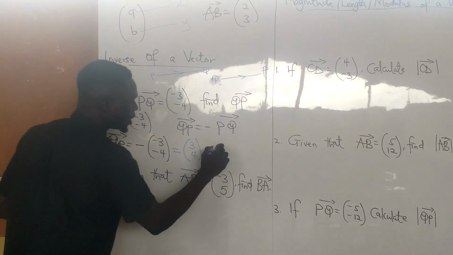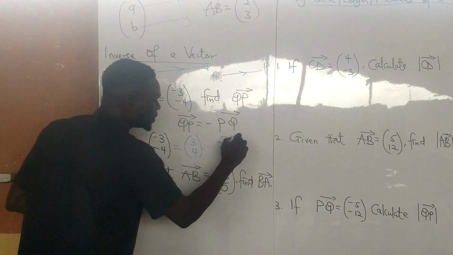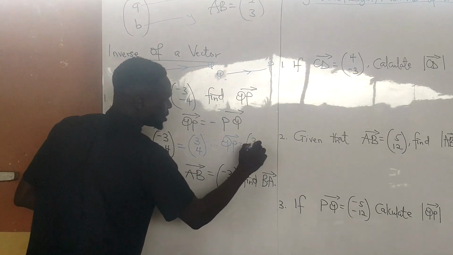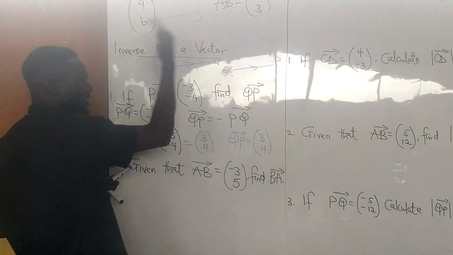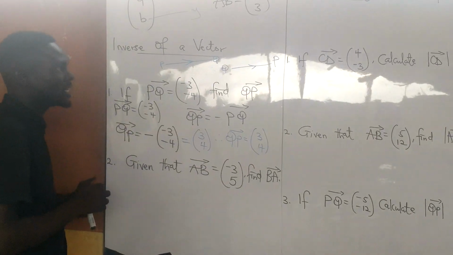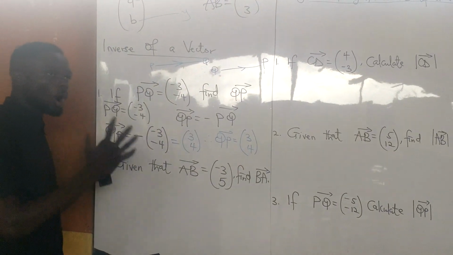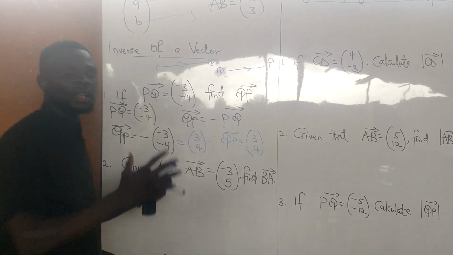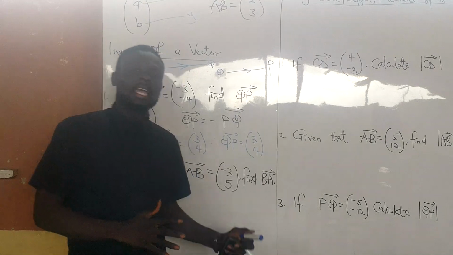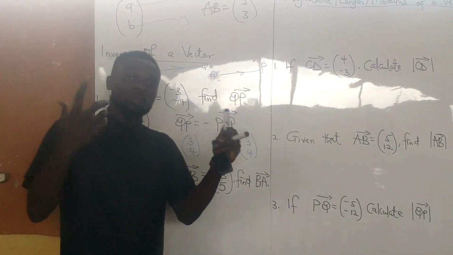So therefore, the vector QP, which I'm to calculate, is (3, 4). And this becomes the inverse of this given vector. Always, when you have to find the inverse of a given vector, multiply that vector by -1.